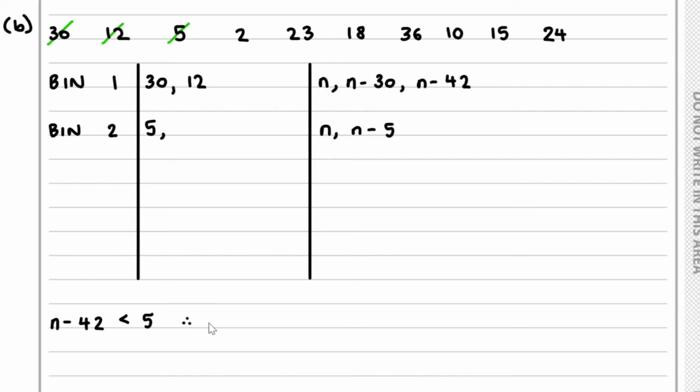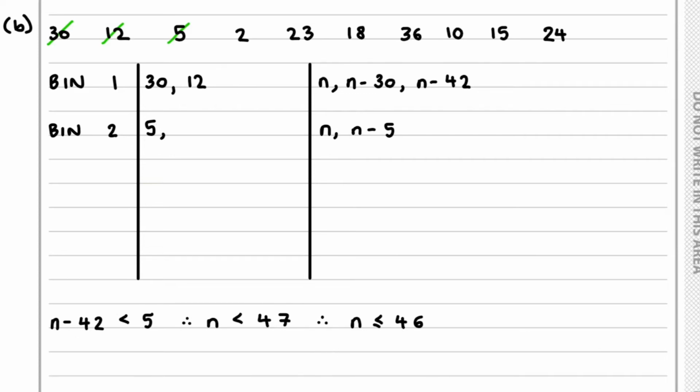Now if I solve this inequality, you can see n is less than 47, in which case n is less than or equal to 46. The reason for that, n is a whole number, it cannot include the 47, so the values which n can have will be whole numbers up to 46.